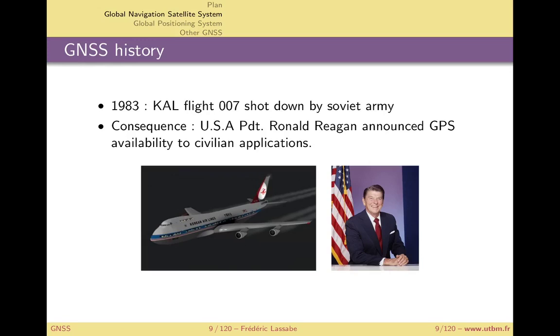As a consequence, and to avoid any further such accident, the USA President Ronald Reagan announced that the GPS would be available to civilian applications. So it was a big decision that shaped a lot of things today.